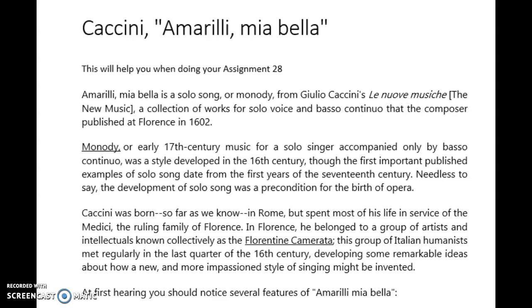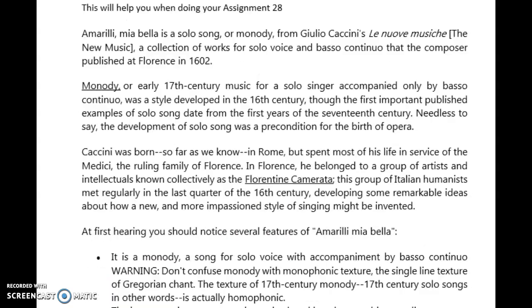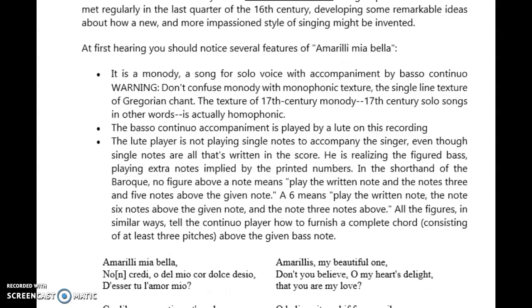I want you to listen a few times to the recording, and then you should notice the following features. It's a monody, a song for solo voice with accompaniment by a basso continuo. And don't confuse monody with monophonic texture.